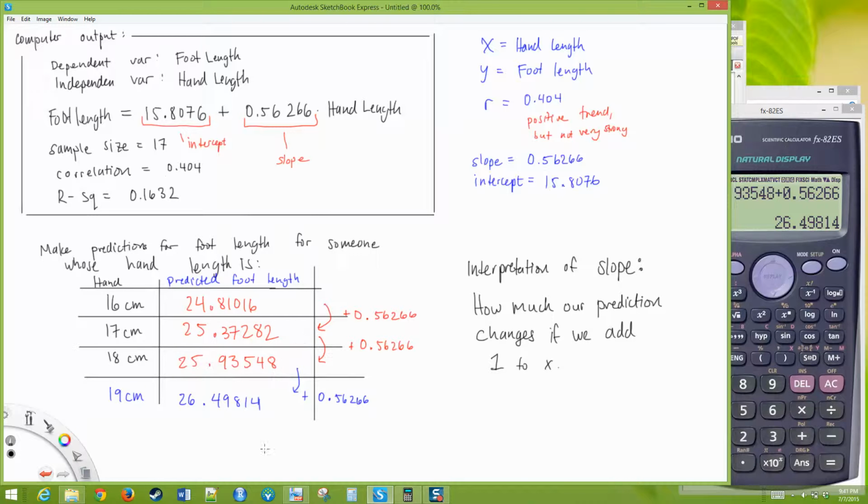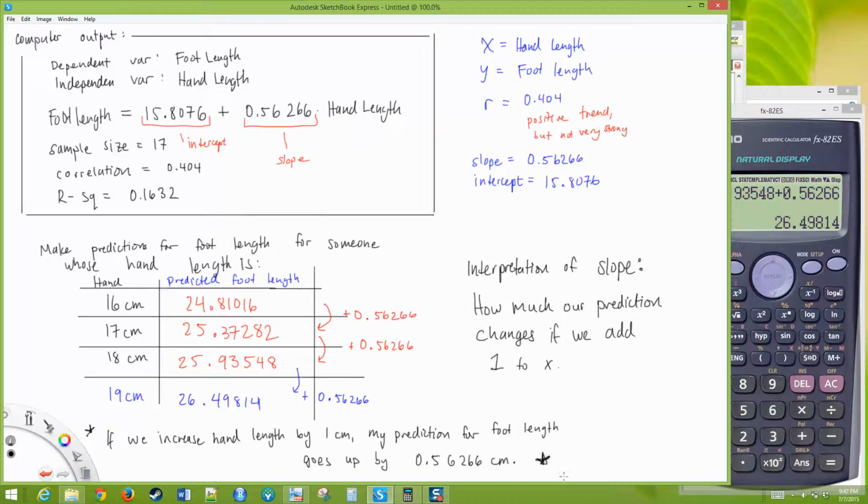Okay? So in the context of our problem, I can say, and this is also important, if we increase hand length by 1 centimeter, my prediction for foot length goes up by 0.56266 centimeters.